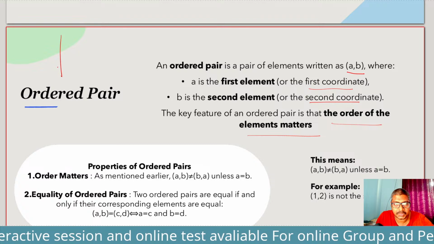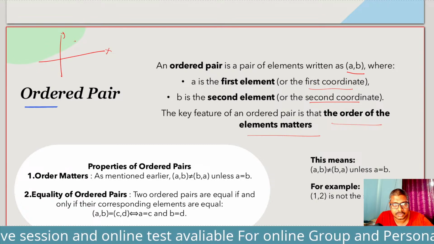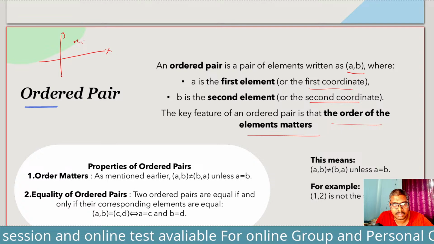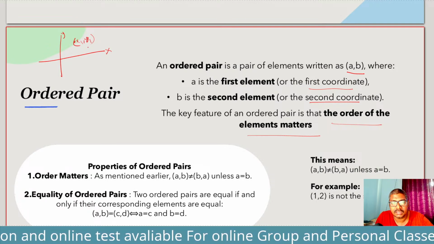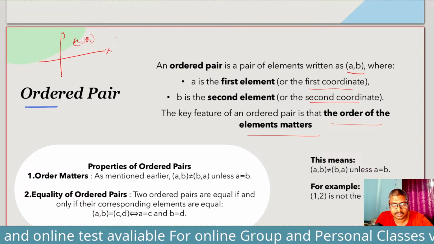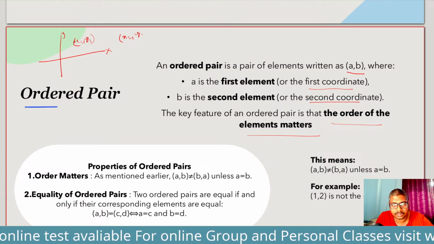Because I already told you that in a Cartesian coordinate system, (x1, y1) will represent a different point from (x2, y2).